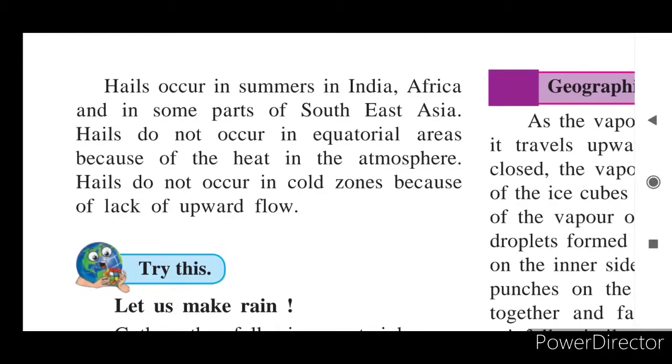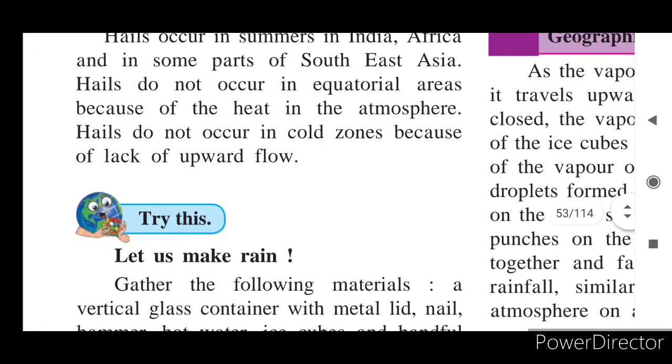But in the equatorial areas there is no hail fall, because in the equatorial areas, we know that in the daytime the temperature is very high, and due to that, suppose hail forms, then also it will melt in the atmosphere because of the heat. The water will not convert into solid. And in the cold zone, there also hailstones will not be found, because the flow of air is not going upward.